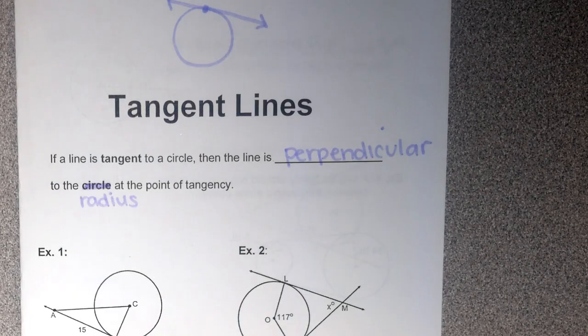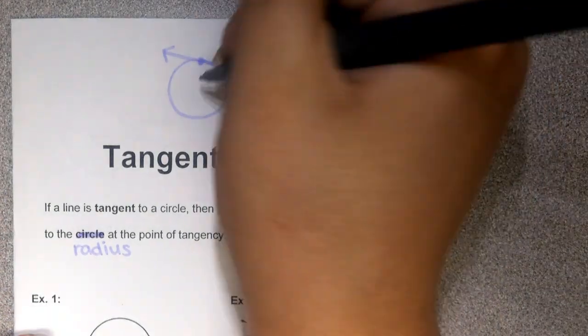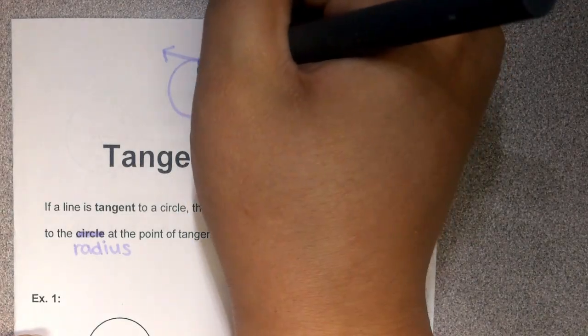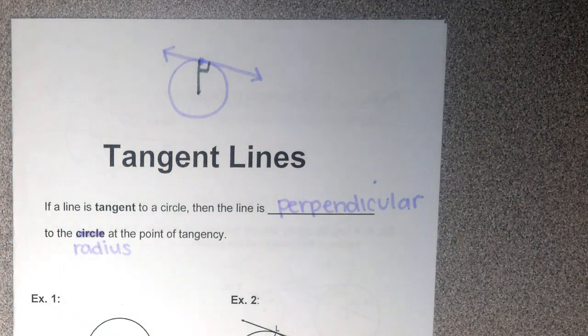A line is perpendicular to the radius at a point of tangency. So up here, if I were to draw the radius and connect it to my point of tangency, this creates a 90-degree angle. Every time. A tangent line and a radius create a 90-degree angle.